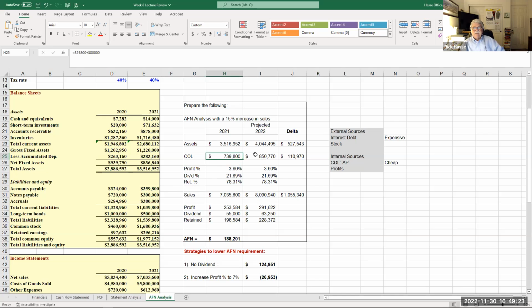If we increase that by assuming 15%, we're going to be generating $110,970 of operating liabilities to help us pick up the tab for part of that asset growth. We'll use short-term debt, 30-day debt, to fund part of that $527,000.